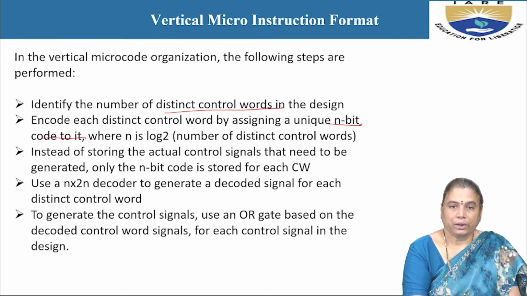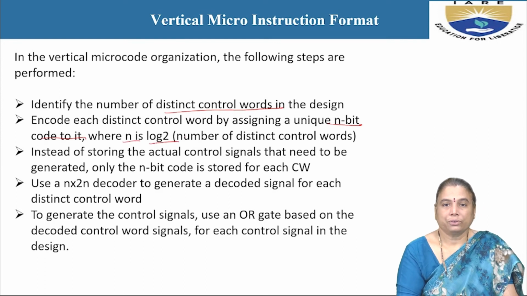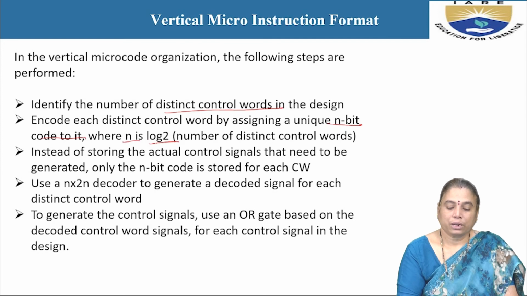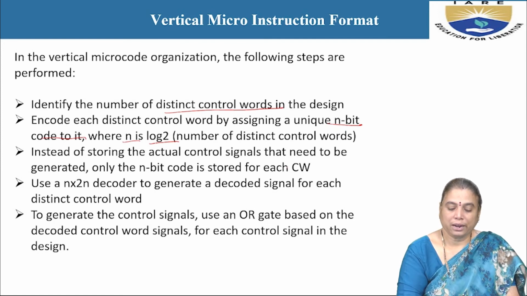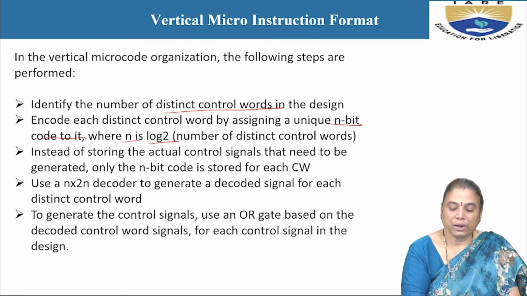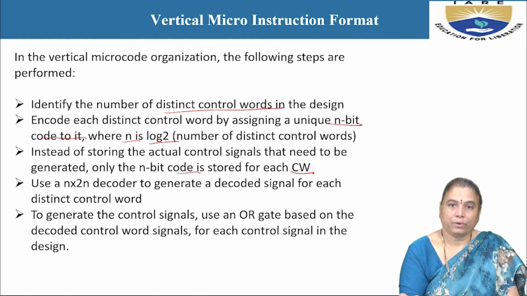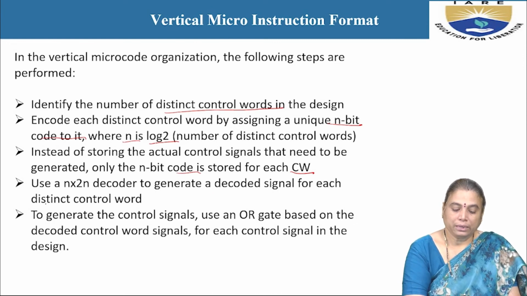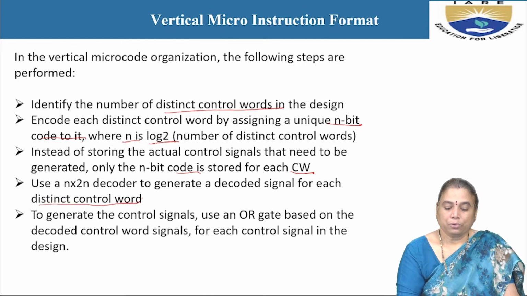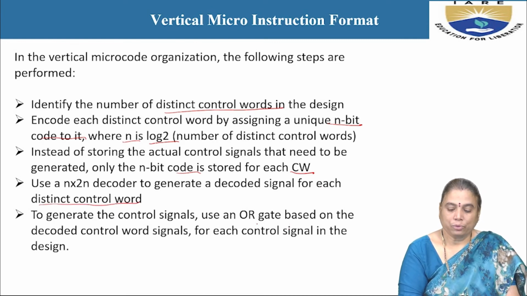If n control words are there, log 2 of n bits can be present in the micro instruction. Instead of storing the actual control signals that need to be generated, only the n bit code is stored for each control word. Then use an n to 2^n decoder to generate a decoded signal for each distinct control word. To generate the control signals, use OR gates based on the decoded control word signals for each control signal in the control design.